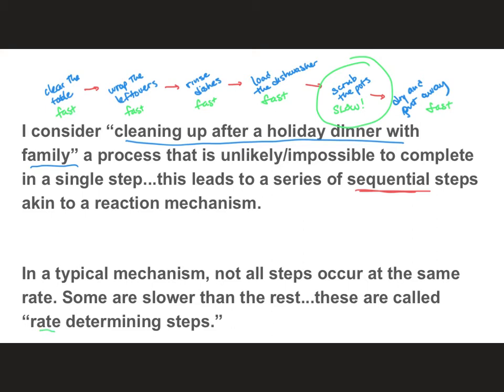And this step would then be called the rate determining step of my mechanism, okay? It is the rate determining step that holds up the entire process and ultimately determines the overall rate, okay? Rate determining step. That's how I abbreviate it.